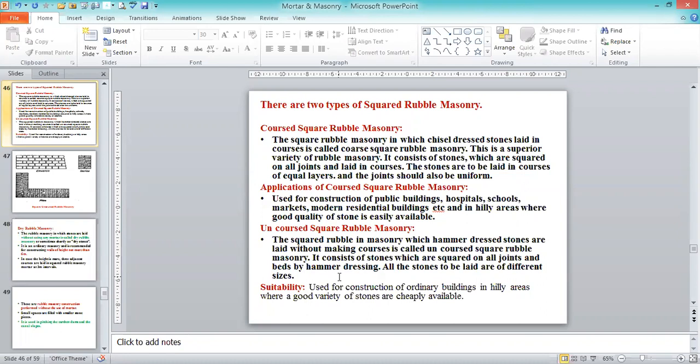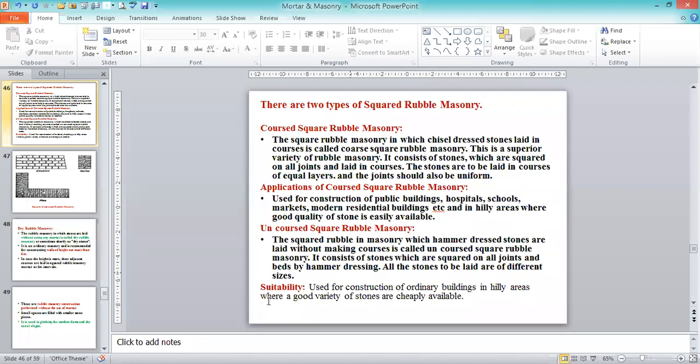It consists of stones which are squared in all joints and beds by hammer dressing. All the stones are laid in different sizes. Different sizes we keep in the uncoursed one. But in the coursed one, we keep the same sizes of the stones, and we complete the masonry work with appropriate joints, which is called the coursed one.